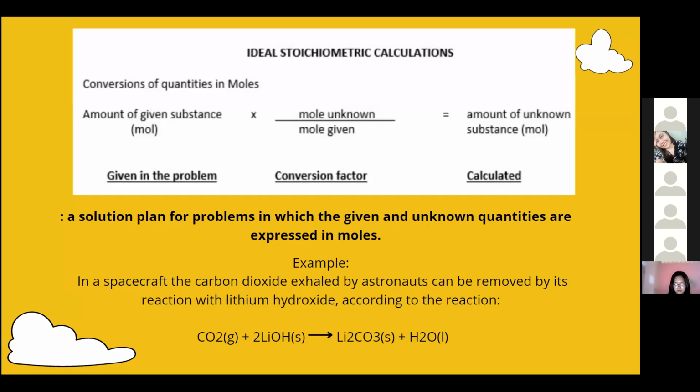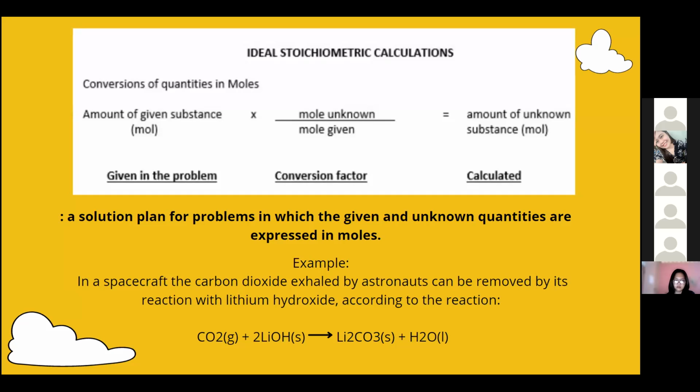So we have here the example. In a spacecraft, the carbon dioxide inhaled by astronauts can be removed by its reaction with lithium hydroxide according to the reaction. And the reaction below is already in a balanced equation.